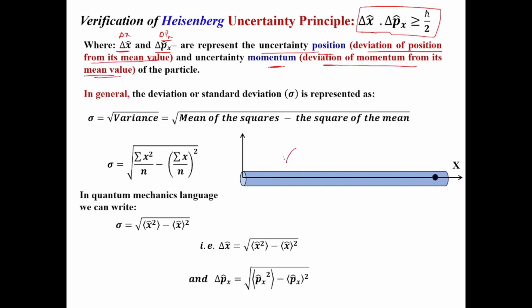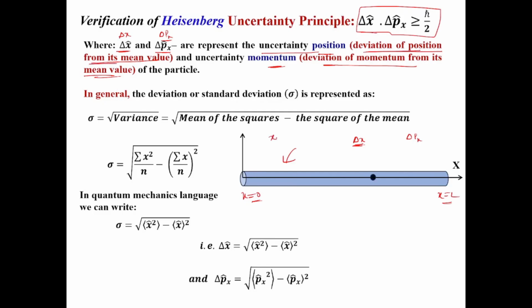So this is the quantum dynamics. Suppose we consider a quantum particle moving along the x-axis from x equal 0 to x equal to L length. Then we have to find its uncertainty in position and uncertainty in momentum, or the deviation of position from its mean value.